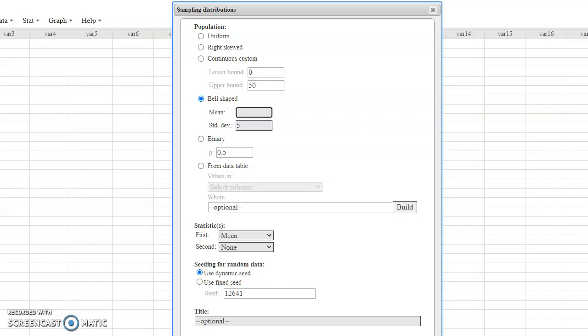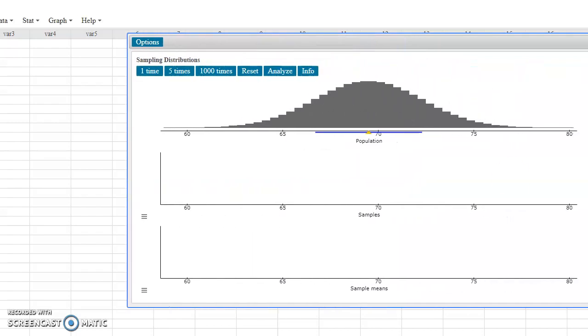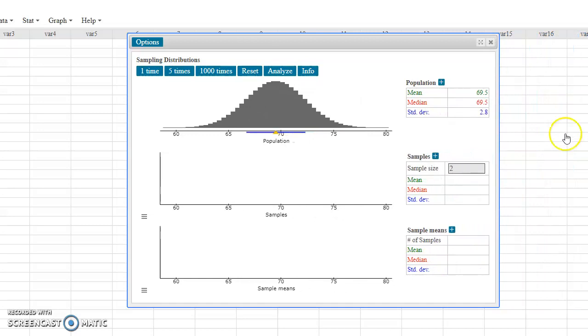So the heights of men are thought to have a mean of 69.5 inches, and the standard deviation is thought to be 2.8 inches. So here's the population distribution for the heights of men.